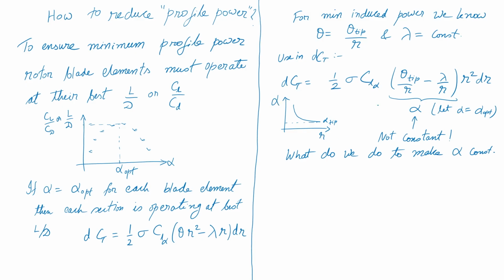So, this alpha if I plot, it will look like this. It is varying with distance, but I want it to become constant and equal to alpha optimal.